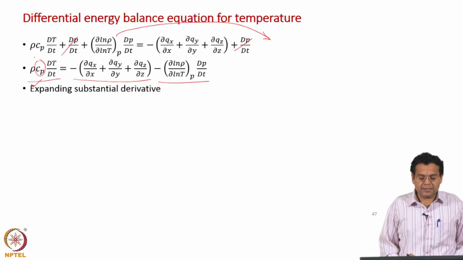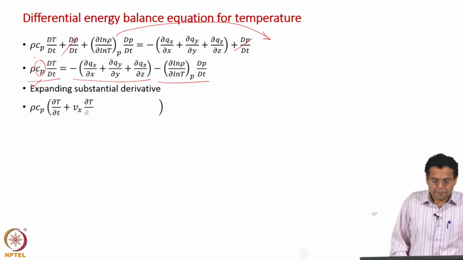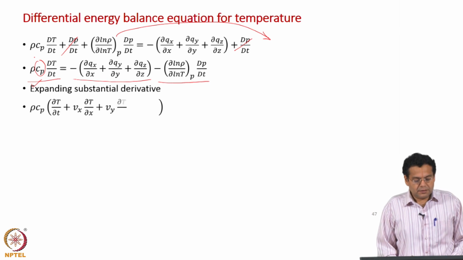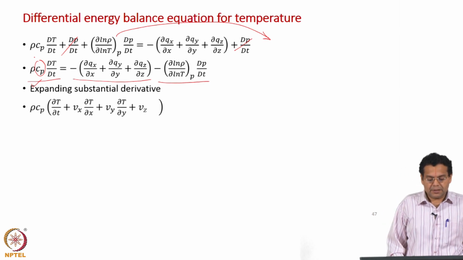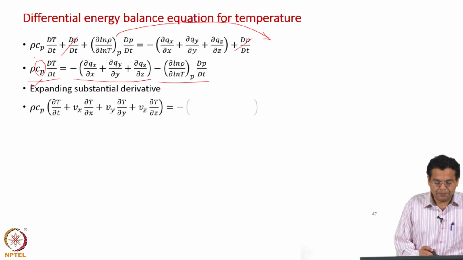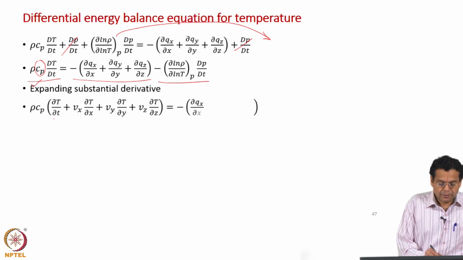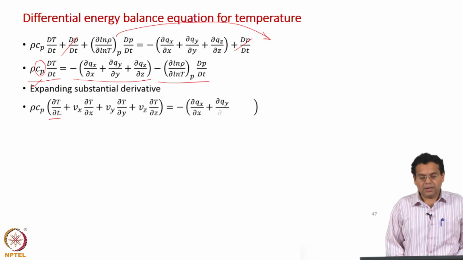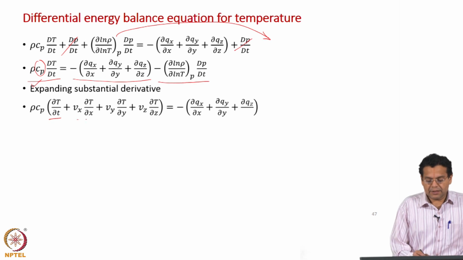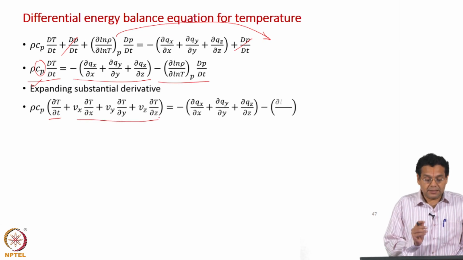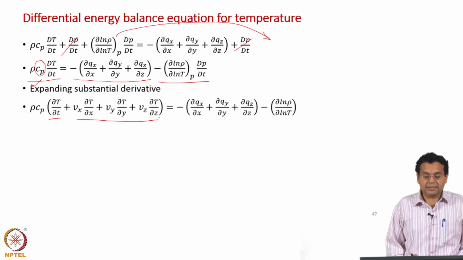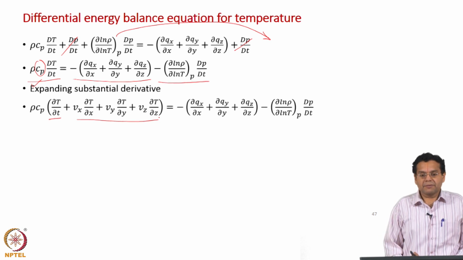Okay, let us expand the substantial derivative. We already have derived the energy balance equation. By expanding the substantial derivative, we have the local term and the convection term, and this is the dT by dt which we took as an example way back when we discussed substantial derivative.